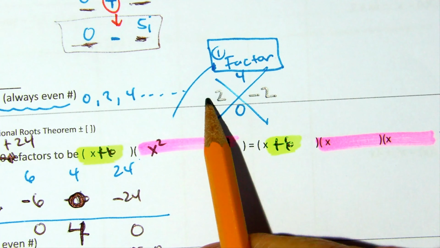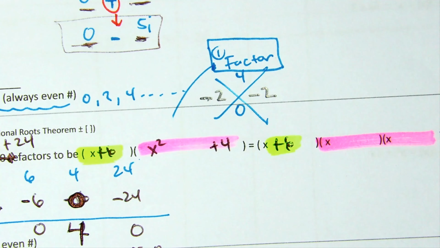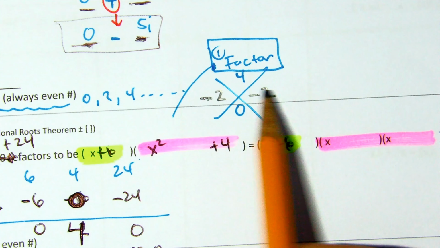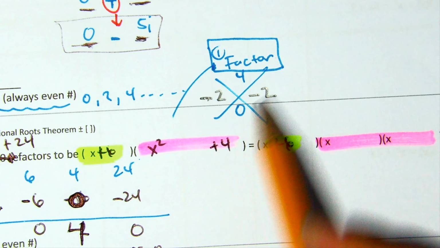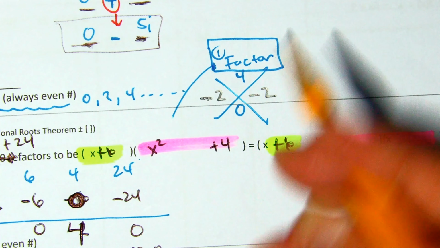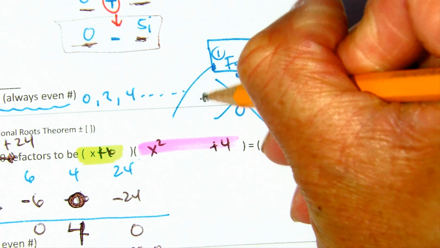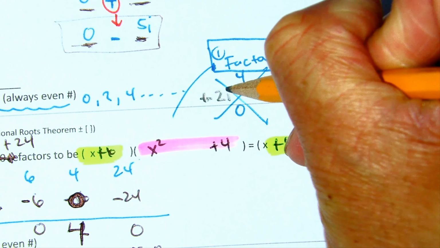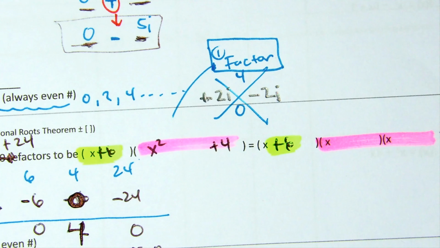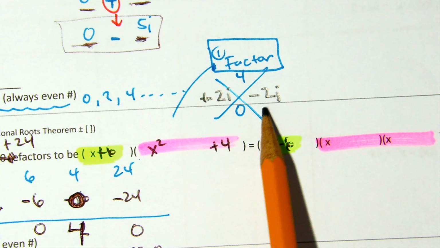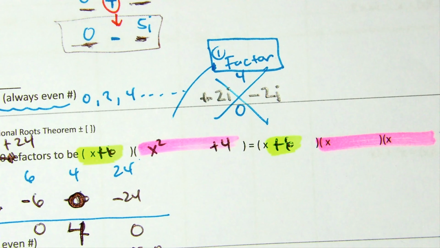How about -2 and -2? Multiplies to be positive, but adds to be negative. So these two have to become what? Positive 2i and negative 2i. How does 2i times negative 2i equal 4?